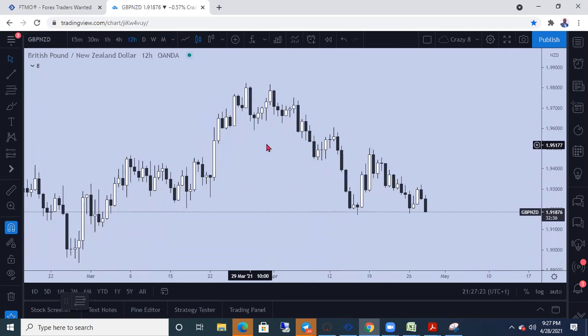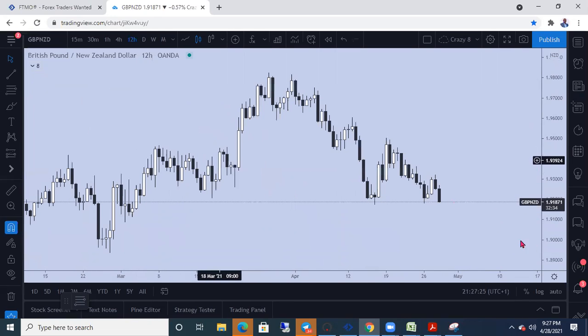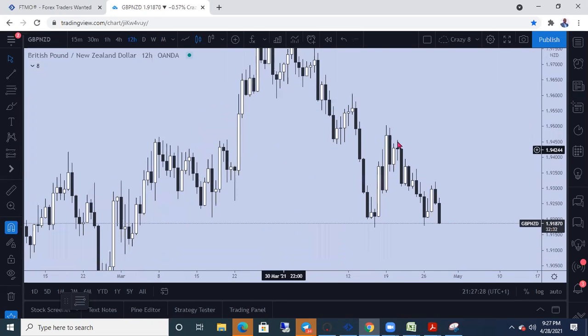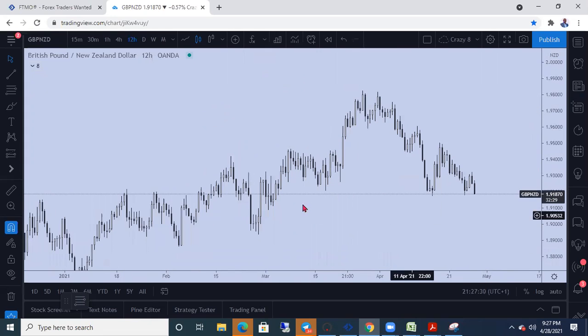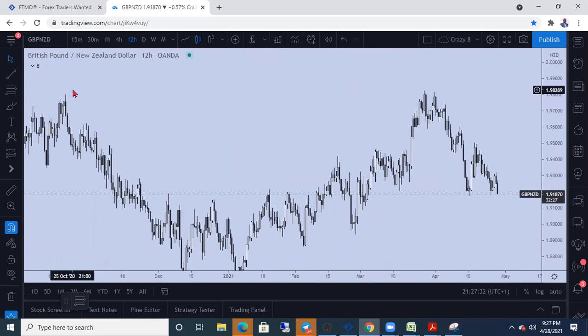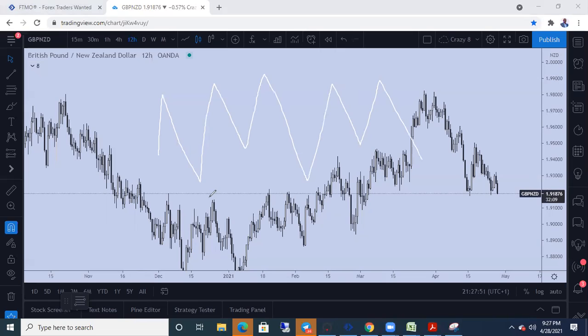So now let's move on. I mentioned earlier that you could use this for a ranging market, and you could use it for a trending market. So let's focus on a ranging market like this, right?